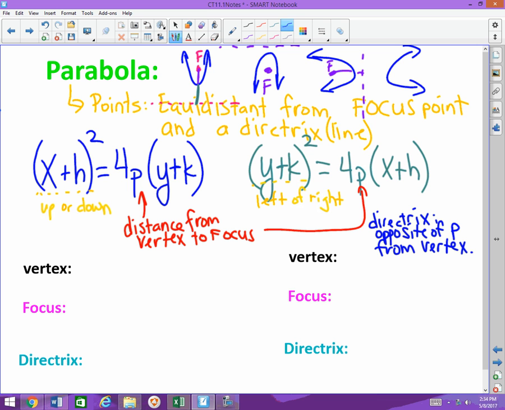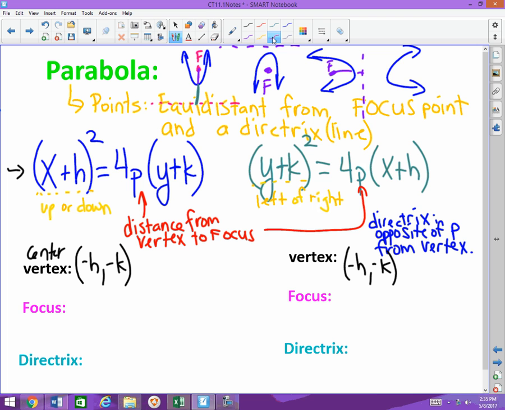And so with this equation, your vertex, which is like the center, would be at the opposite of h, the opposite of k. Over here, it's still the same. It's the opposite of h and the opposite of k.